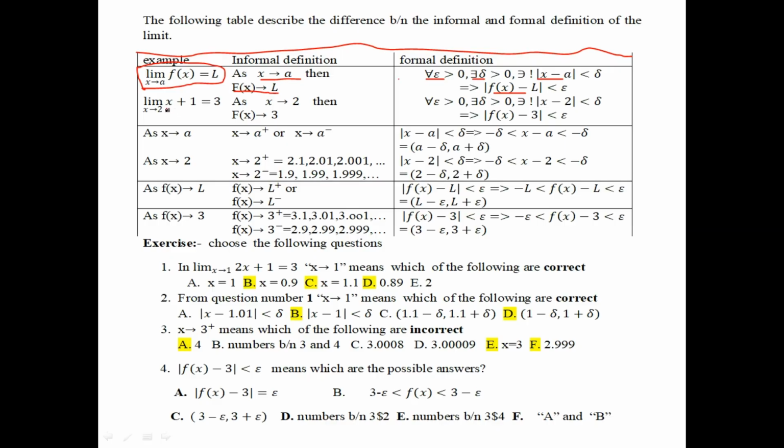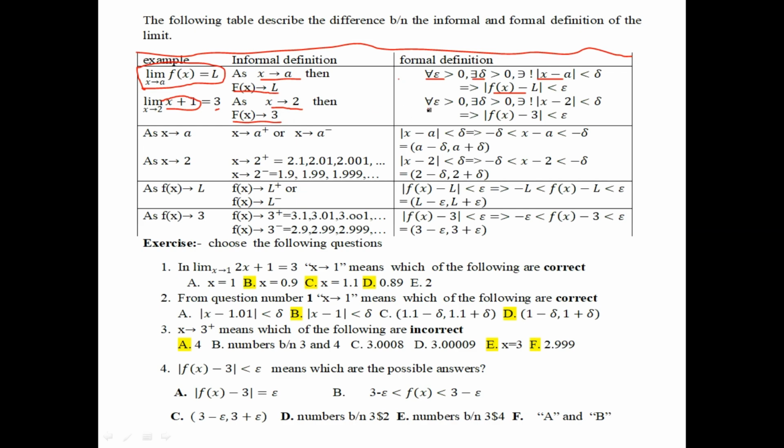Now substitute the function x plus 1, with x approaching 2 instead of a, which approaches 3. Using the informal definition, as x approaches 2, the given function f of x approaches 3. Please don't say it is equal to 3; that is forbidden.